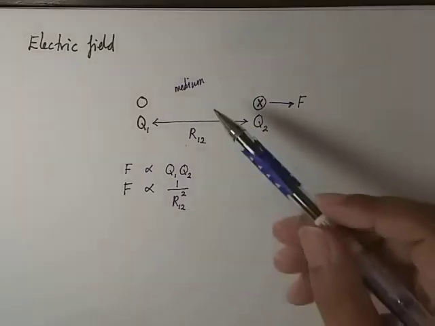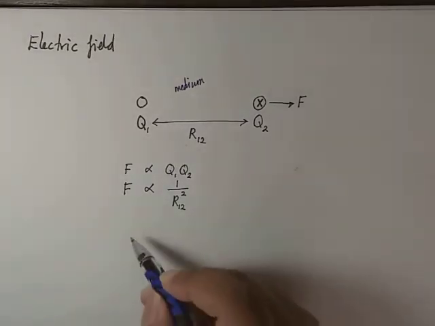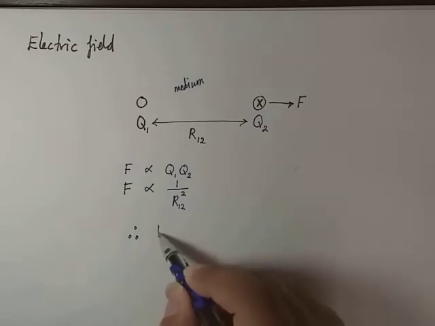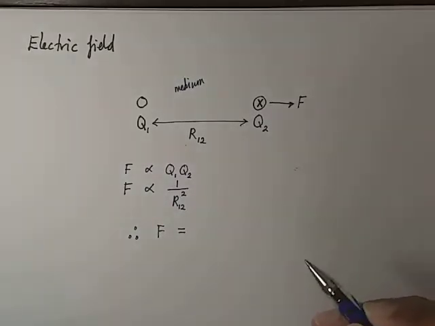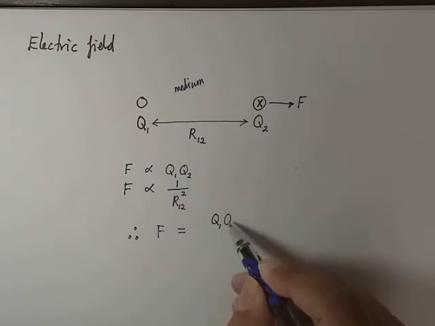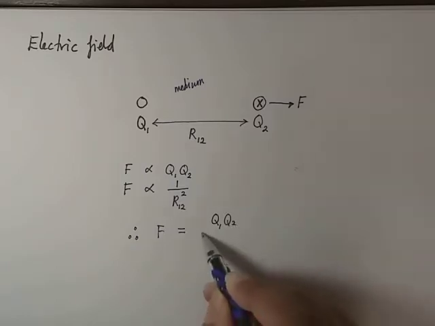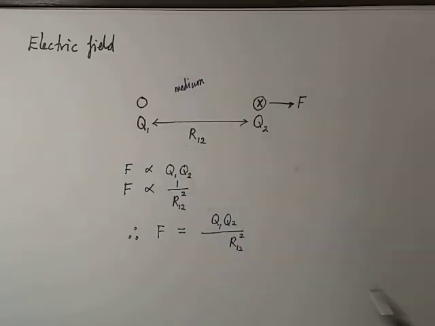Okay, so from these three observations, he concluded that the force is now equal, no more proportional, so it must be exact now. The things that he put forward should be the magnitude, and then the distance squared, and then the medium.